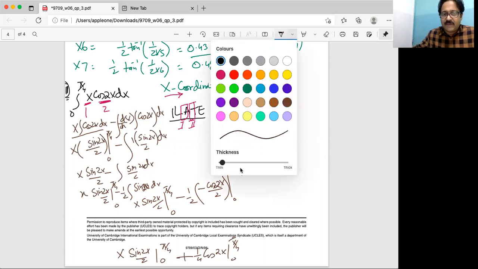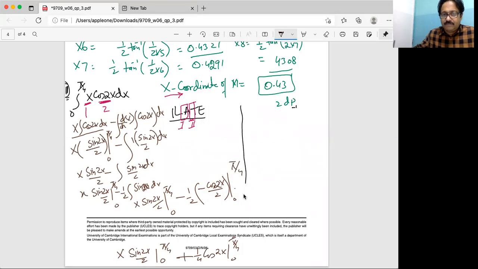For the first part, pi over 4 times sine of 2 into pi over 4, divided by 2, then minus 0, and the whole thing becomes 0.